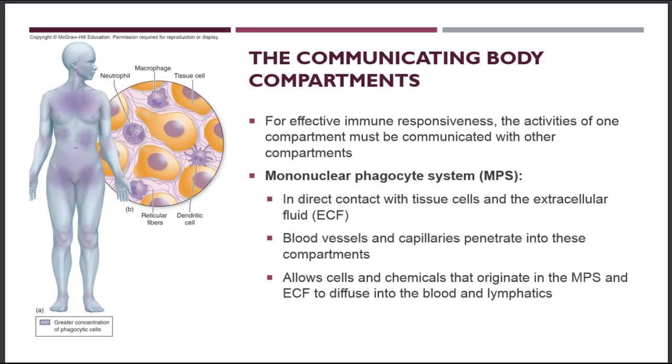Blood vessels and capillaries also penetrate these structures that are included in the immune system that allows these immune cells to travel between structures as well as able to patrol the blood. It also allows cells and chemicals that originate in the mononuclear phagocytic system and the extracellular fluid to diffuse into the blood and into the lymphatic cells and tissues.